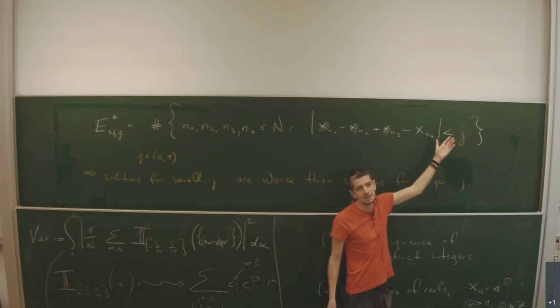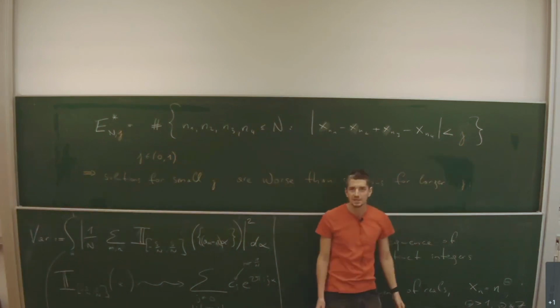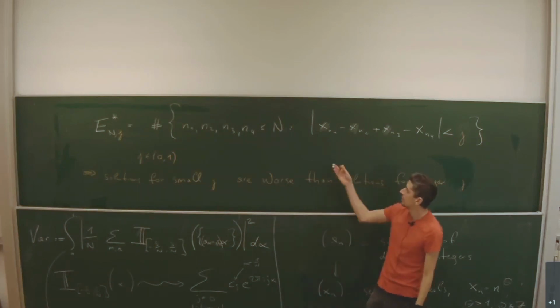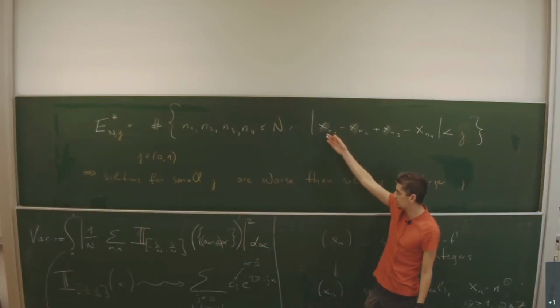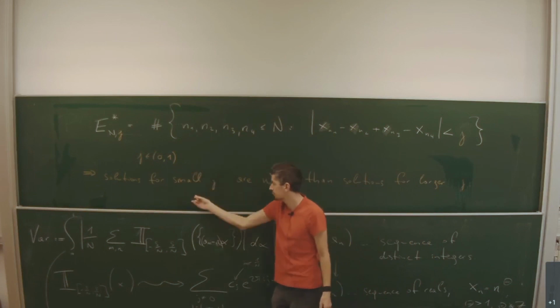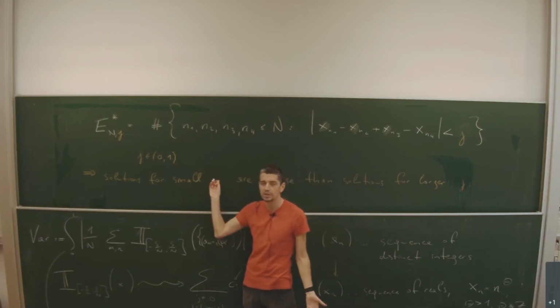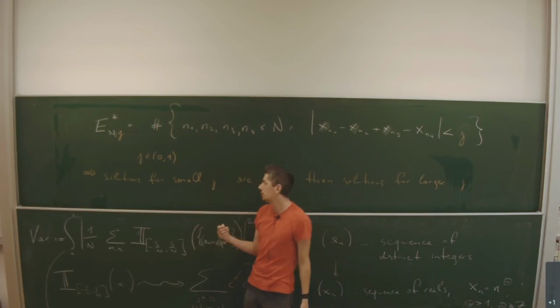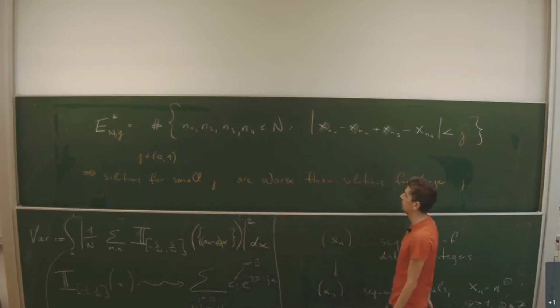So in a sense, this is a pathological case where all solutions that you count at all are always solutions for small gamma, because the solutions you count are for gamma equals 0. And in the real number case, this is not so clear anymore.